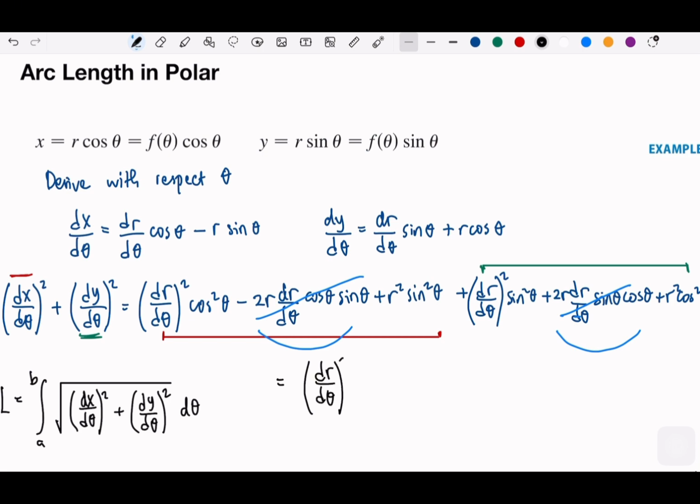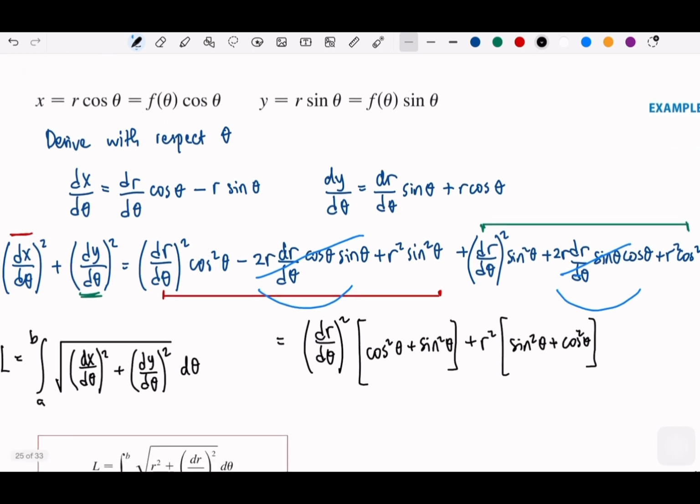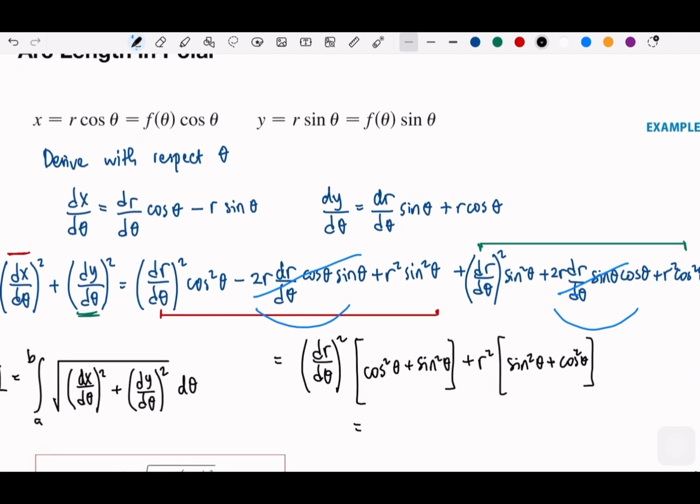I can factorize dr d theta squared, and then also the r squared. And then all the cosine squared plus sine squared will be reduced to 1. Okay, our basic identity.